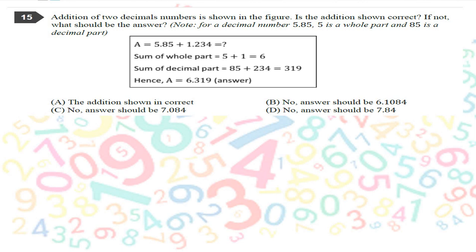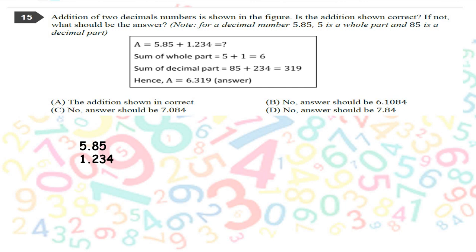So see, the whole parts are added separately and decimal parts are added separately. But this is not the way in which we add decimal numbers. Why? Because when we add any two decimal numbers, the point should be put just below each other, right?